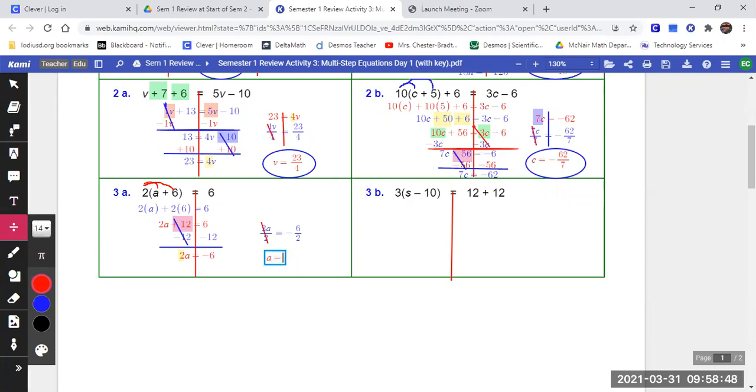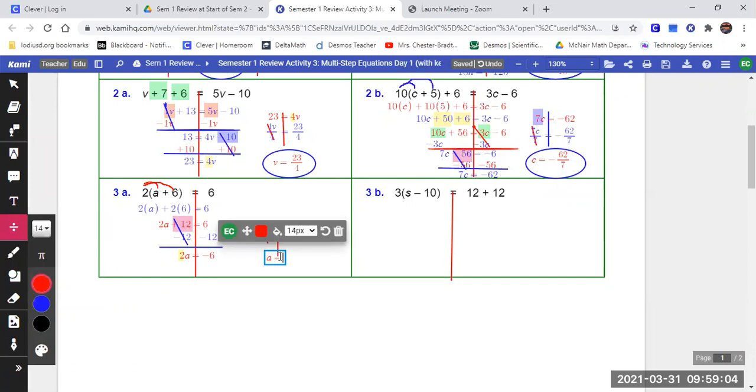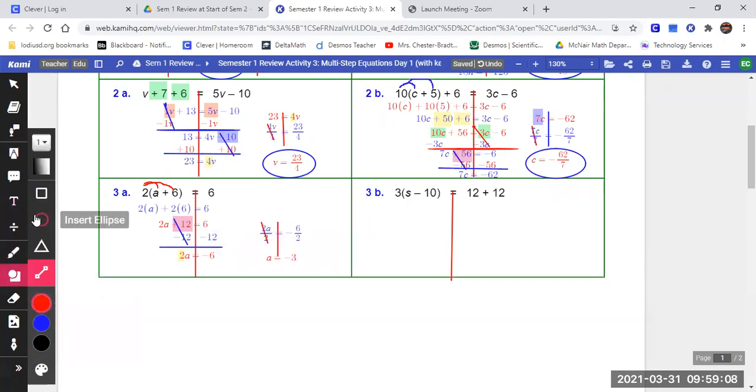A. And that has to equal, do the math for the right-hand side. What's that going to equal? Negative 3, because 6 divided by 2 and a negative sign. So my A equals negative 3. Oh, look, one that worked out. No fraction. Yay.